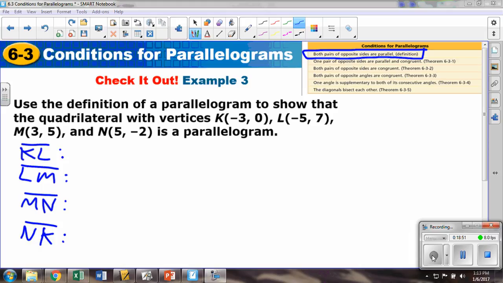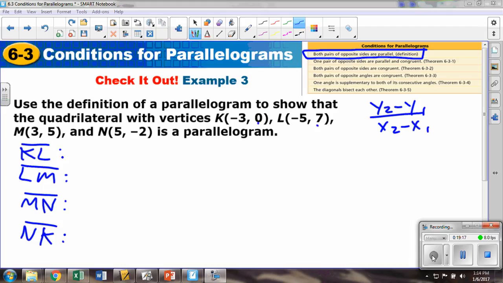And as long as we have 2 pairs of equal slopes, that gives us 2 pairs of parallel sides, and that, of course, is our definition. So we're going to have to start running through, get the slope. Remembering from our previous unit, we've got a slope formula. So we're just going to plug in a boatload of numbers.